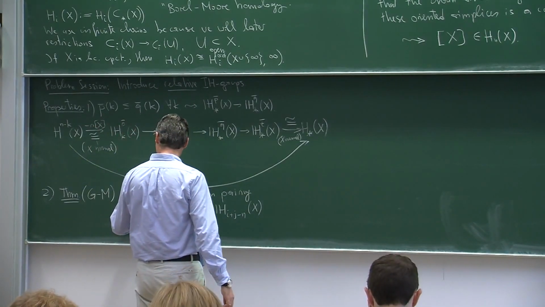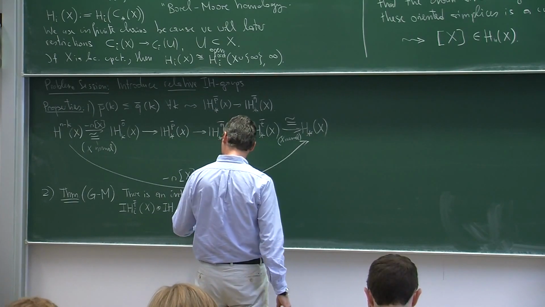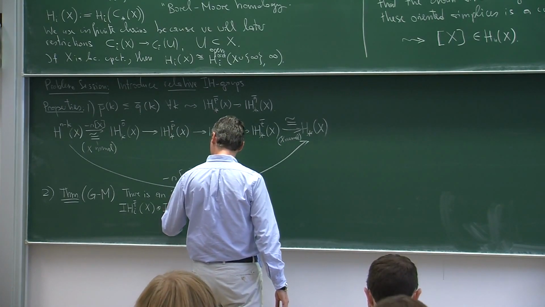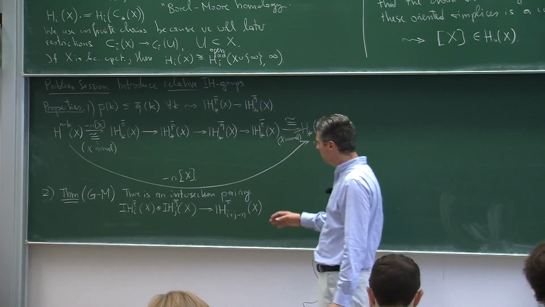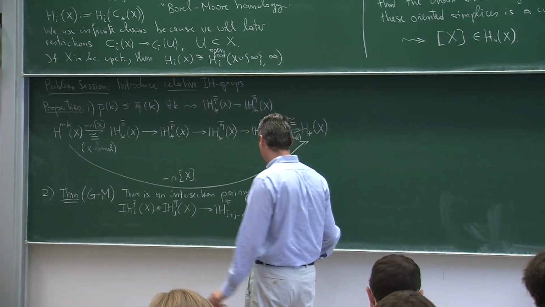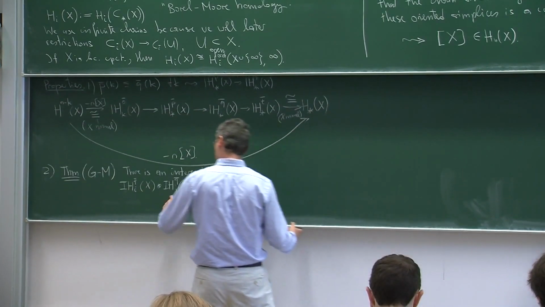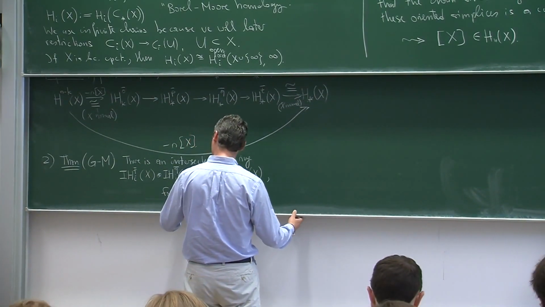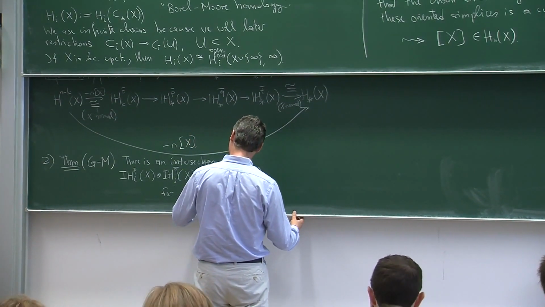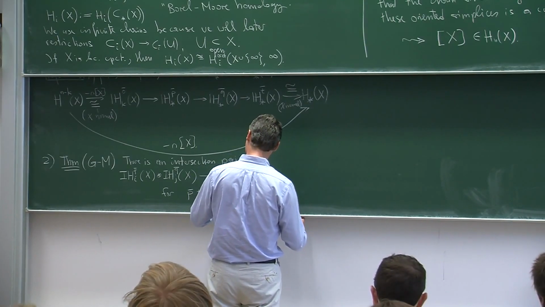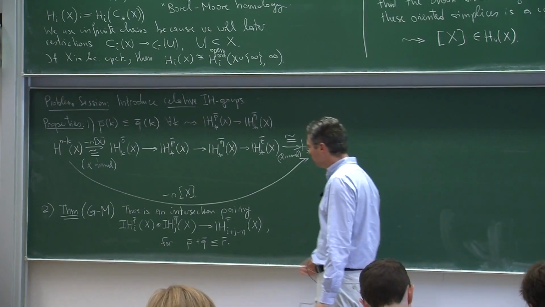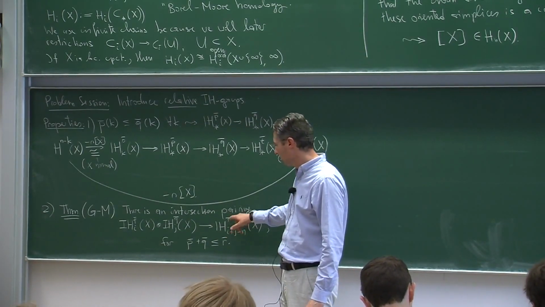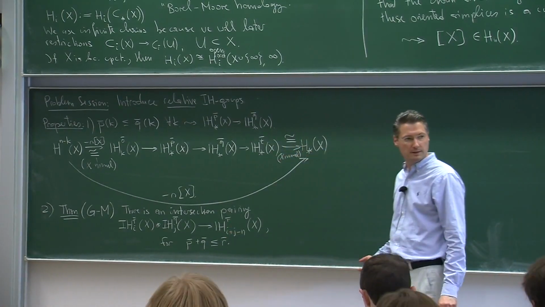So if this is some perversity P and this is some perversity Q here, and you want to land in perversity R, let's say, then you need to have in general P plus Q is less than or equal to R. Okay, so you could put P plus Q there if that's a perversity.